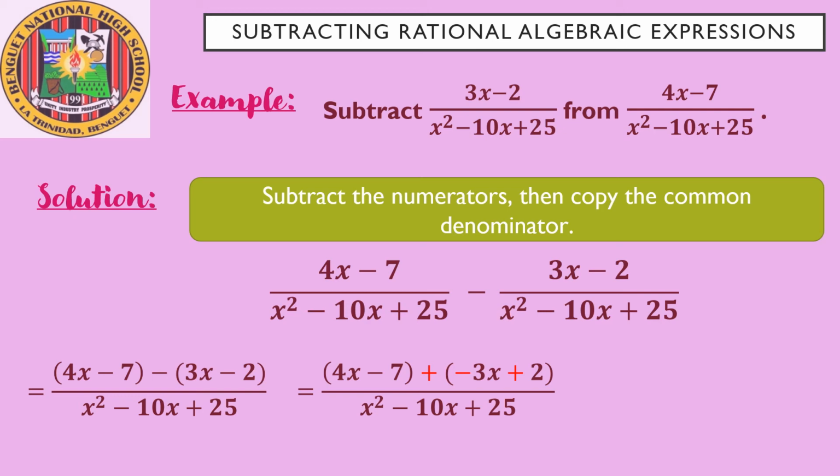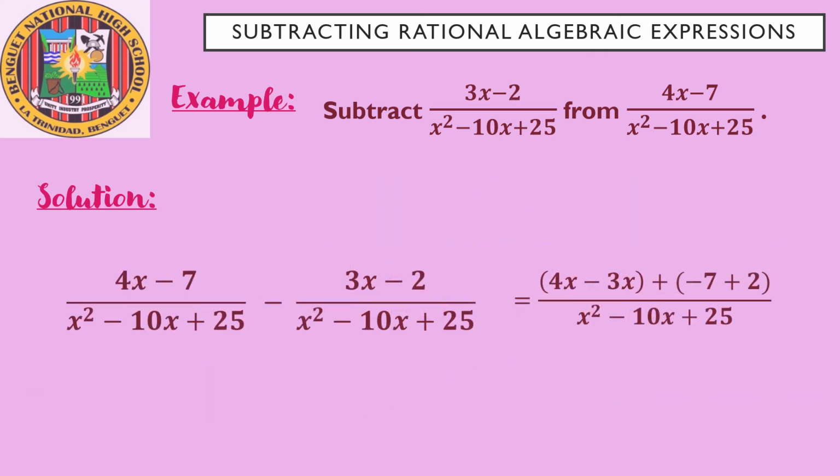After that, we combine similar terms. When we combine similar terms, we now have the expression x minus 5 over the quantity x minus 5 times the quantity x minus 5.